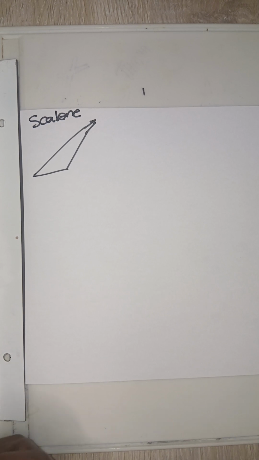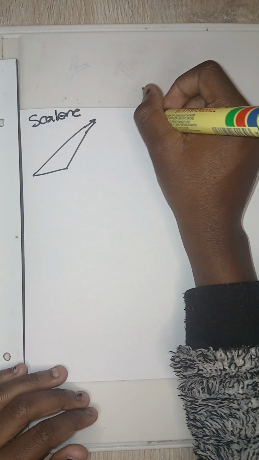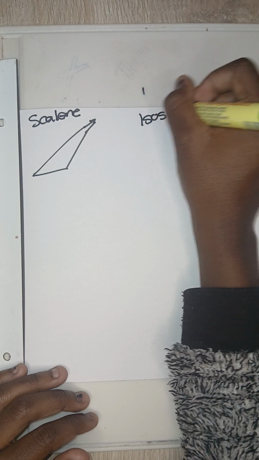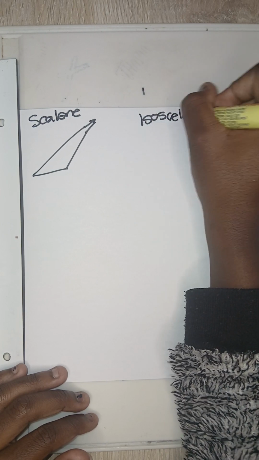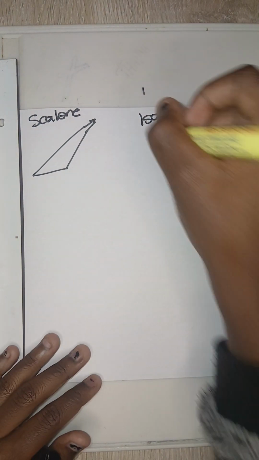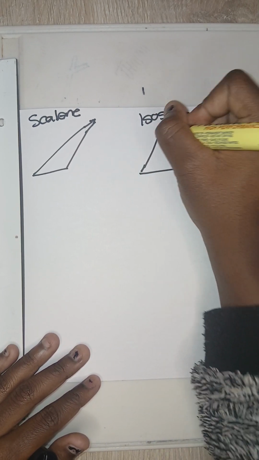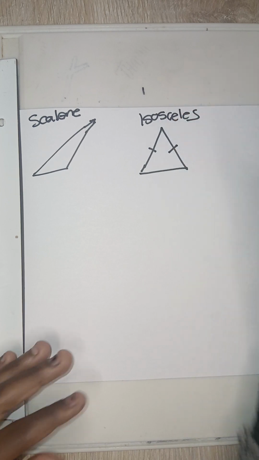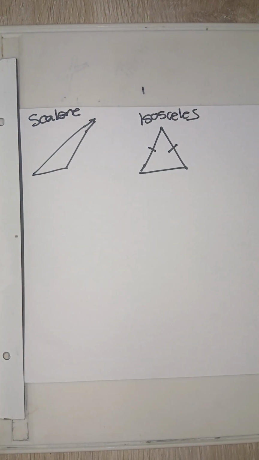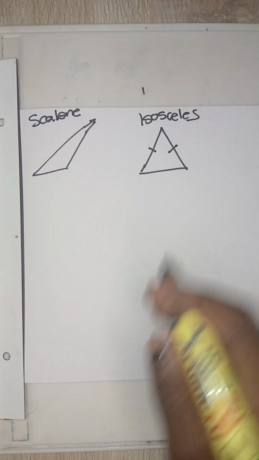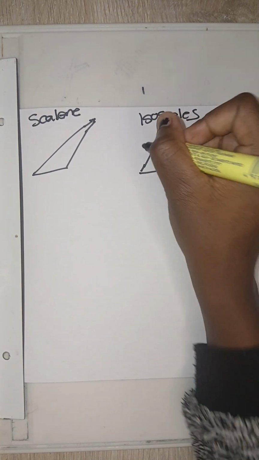And then the second one, we have the isosceles triangle. An isosceles triangle has two equal sides and two equal angles.